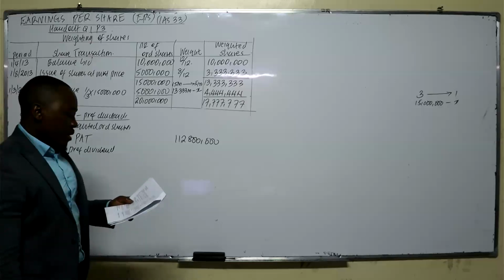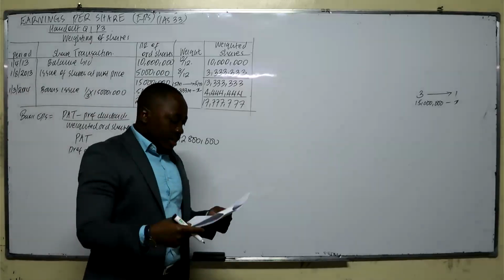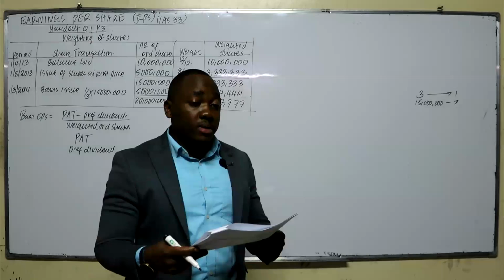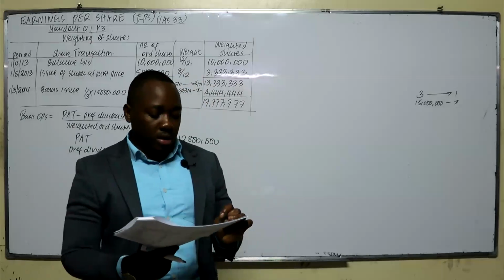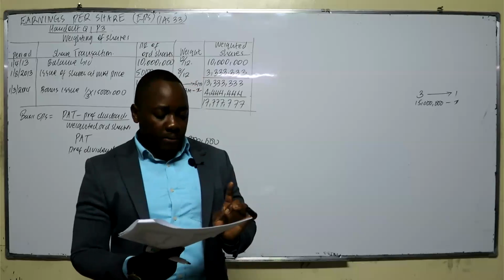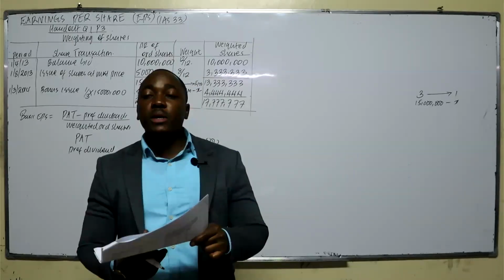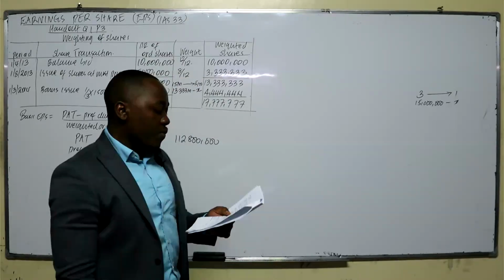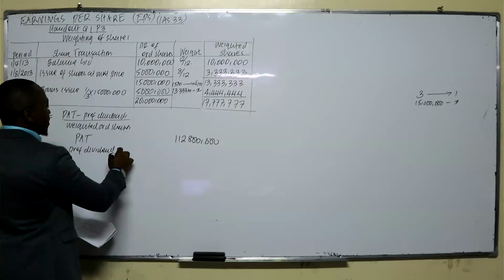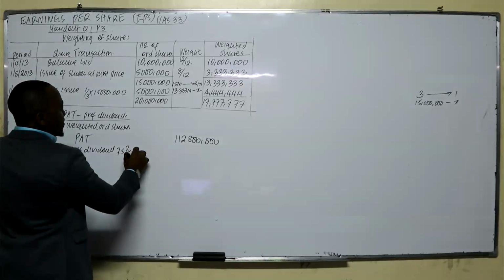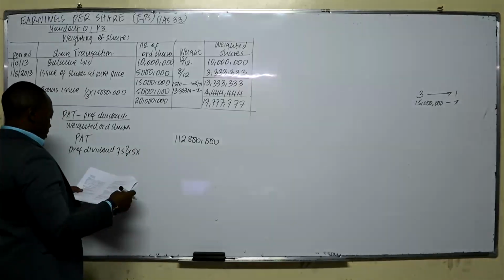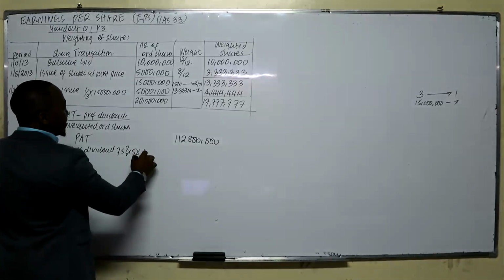You're told that as at 1st of April 2013, the share capital was 10 million ordinary shares of 20 shillings each, and 7.5%, 5 million cumulative preference shares of 40 shillings each.